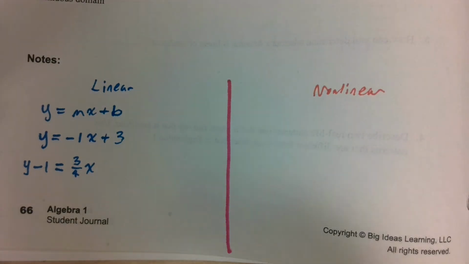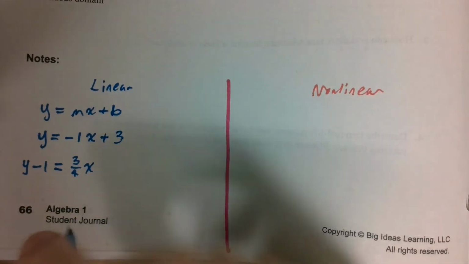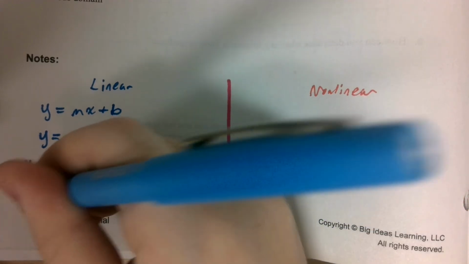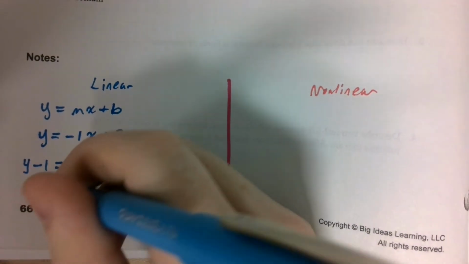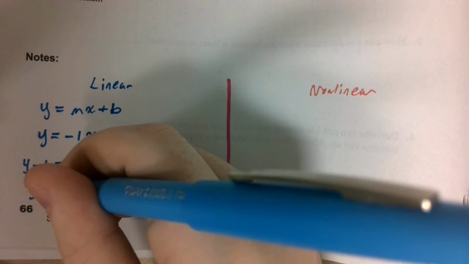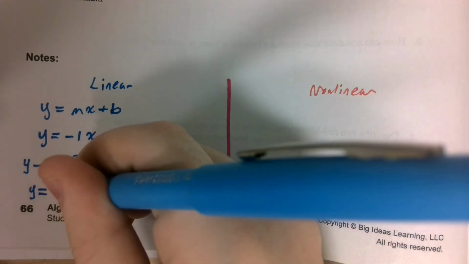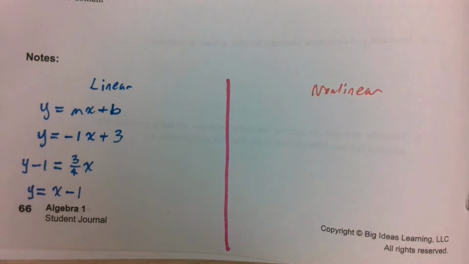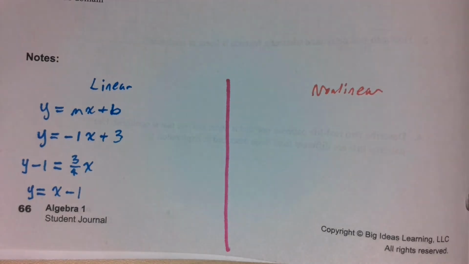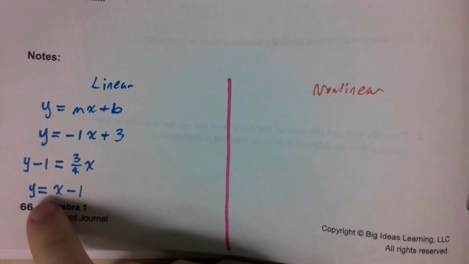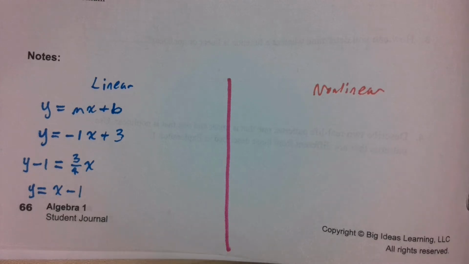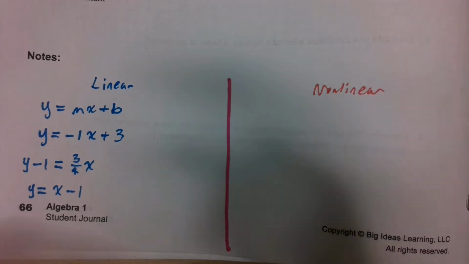A couple of tricky ones are these. For instance, if I have y equals, let's say, x minus 1. Now you might be tempted to say, oh, wait a second, it's not linear anymore. But remember, anytime your x is by itself with nothing in front of it, that's the same as saying 1x.